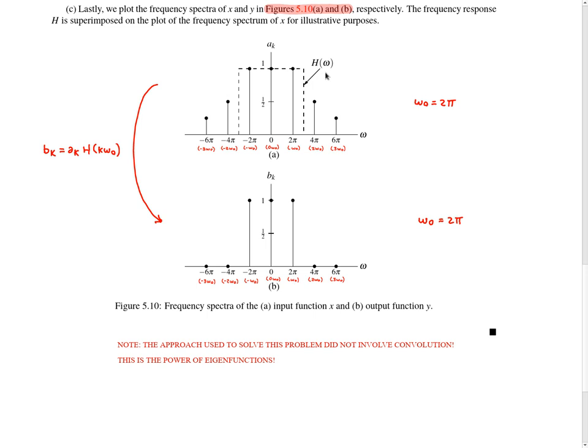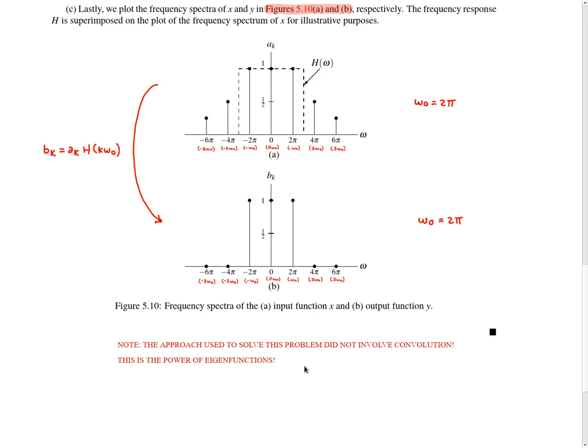So in other words, in places where this frequency response function is 1, we're just copying Fourier series coefficients, or copying their values from the input spectrum to the output spectrum. In places where this function capital H is equal to 0, we're basically taking whatever coefficient was in the input and we're just setting it to 0.